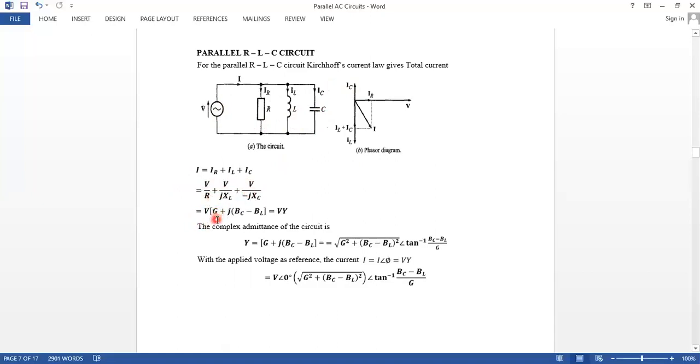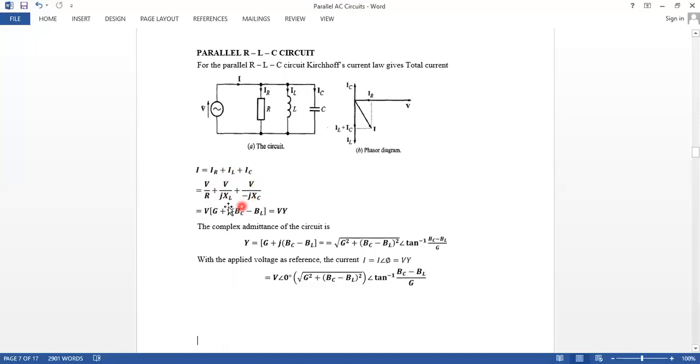So 1 by R is nothing but G. 1 by XL is BL again. And if we take 1 by XC, it is nothing but BC.